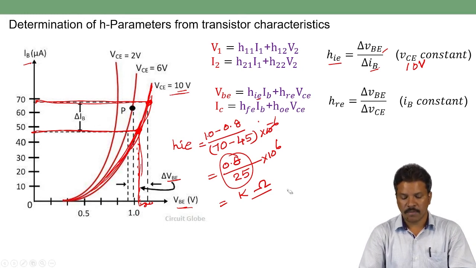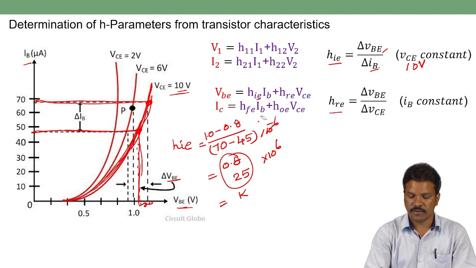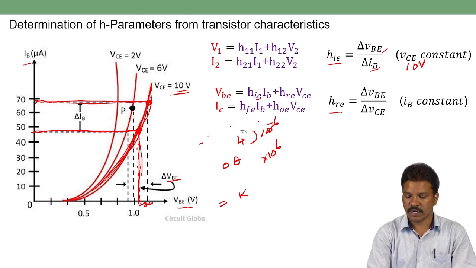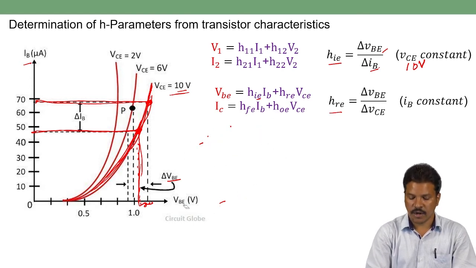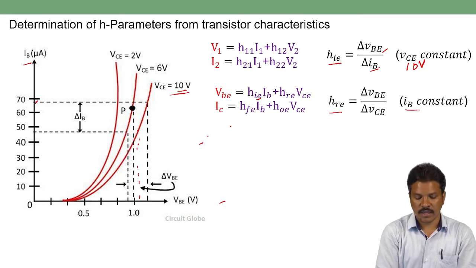Similarly, from the same input characteristics graph, we can also find out the reverse voltage gain. In this reverse voltage gain, we consider the input current constant. How can we measure it by considering the input current constant? Let us consider some constant input current IB, for example the same line 45.